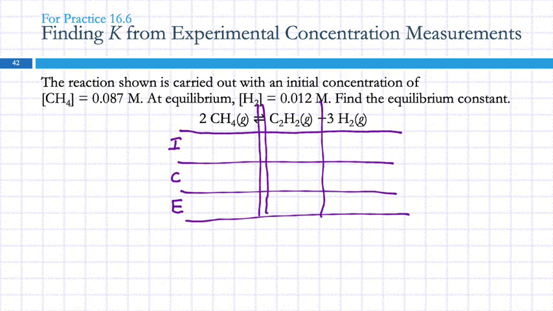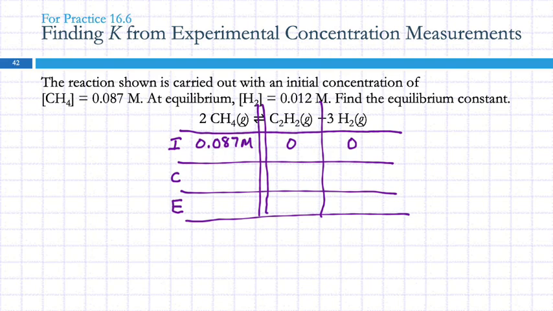Well, they told us the initial concentration of CH4 is 0.087. What are the other initial concentrations? 0. Yeah. They don't specifically say it, but it's the only reasonable thing.